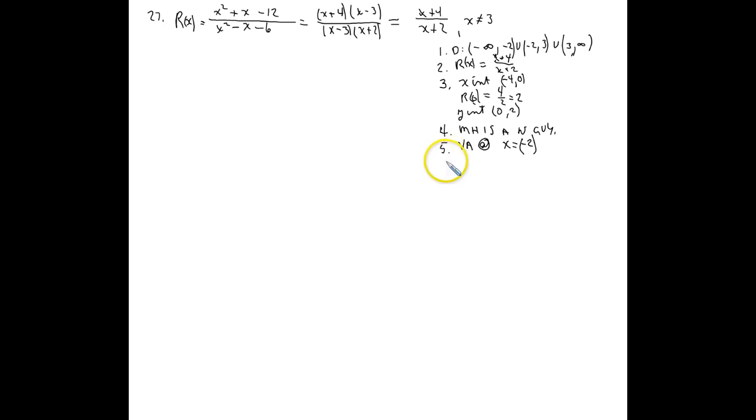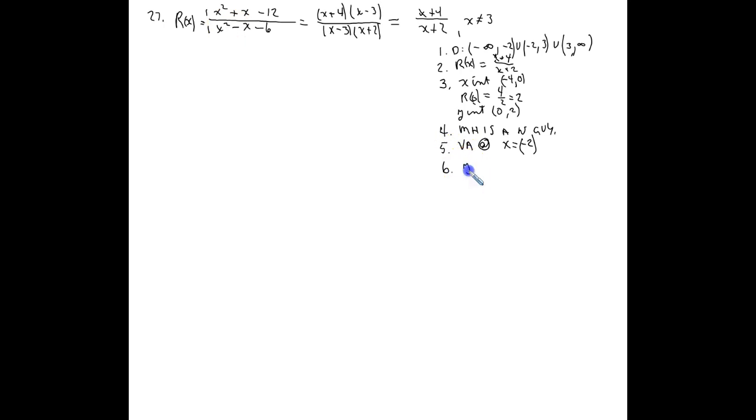Number 6 says locate horizontal or oblique asymptotes. For an oblique asymptote, remember, when the power of the numerator is 1 more than the denominator, you're going to get one; extended end behavior when it's 2 or more. But in this case, we have the exact same power between the numerator and denominator, and so we can see the coefficients are going to be 1 and 1 in our original problem.